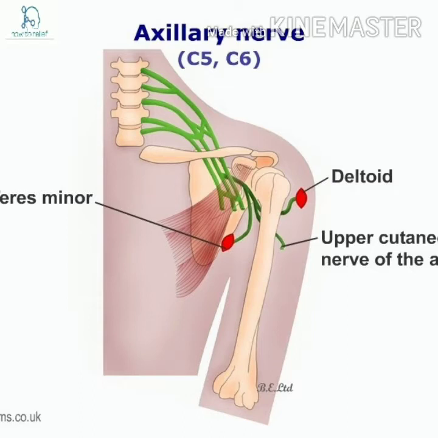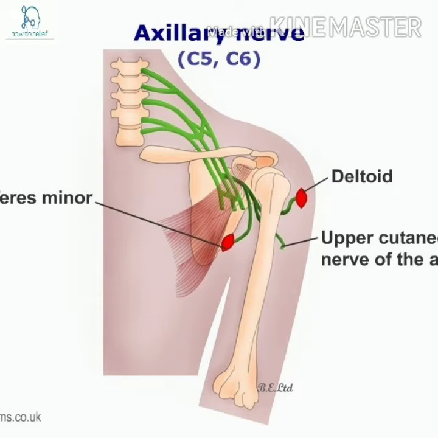It is an important nerve because it supplies the deltoid muscle, which is the main abductor of the arm. If the axillary nerve gets damaged, it will be hard to abduct the arm, because the deltoid helps in abduction of the arm.